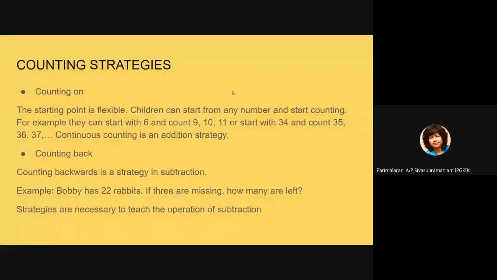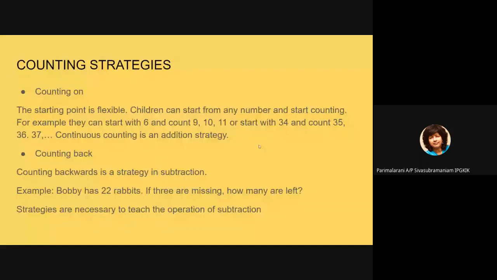Let's look at 3 different types of counting strategies. When we want to count, these are the strategies that we use. Counting on: the starting point is flexible. You can start from number 1 or you can start from any number. For example, they can start from 6 and count 7, 8, 9, or start from 9 and count 10, 11, or start from 34 and count 35, 36, 37.